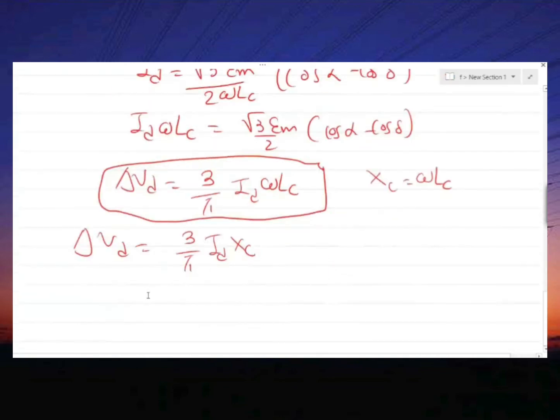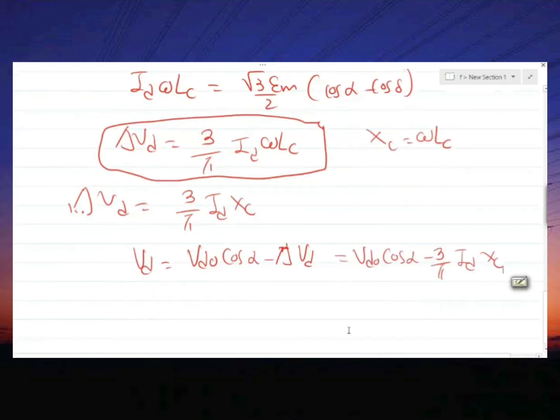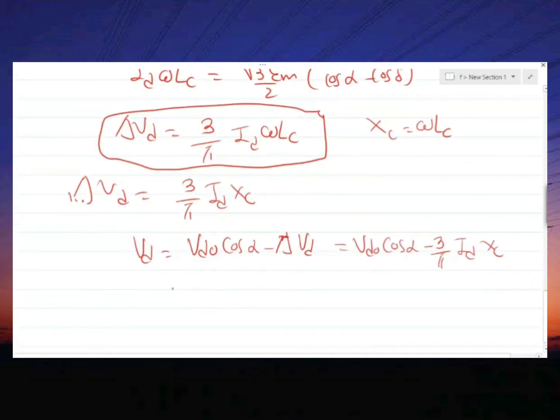Your equation of DC output voltage during the commutation becomes Vd is equal to Vdo cos alpha minus del Vd, which is Vdo cos alpha minus 3 upon pi Id Xc, and it is also written as Vdo cos alpha minus Rc Id, where Rc is equal to 3 upon pi Xc.